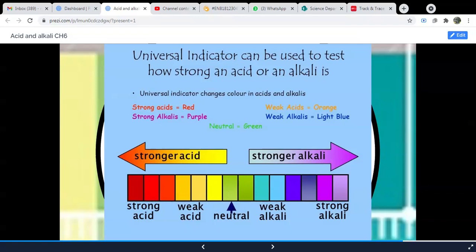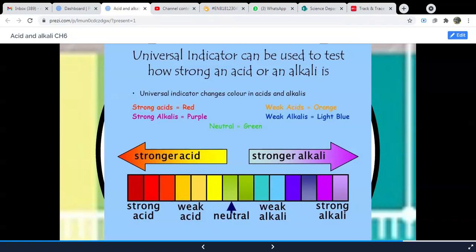It is quite different from litmus paper. Litmus paper is basically used to identify whether a certain substance is acid or alkali. But for universal indicator, we want to know whether the acid or alkali is strong or weak based on the color changes.